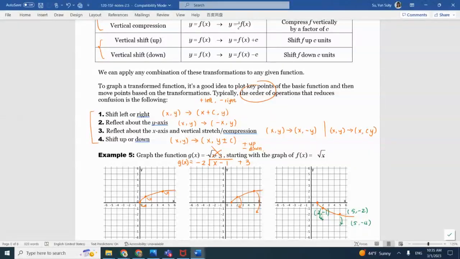Read it again. Now, 1, shift left. 2, reflect about the y-axis. 3, shift up and down. Yes.